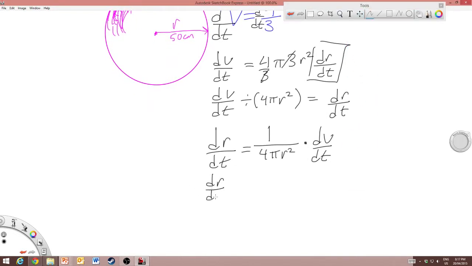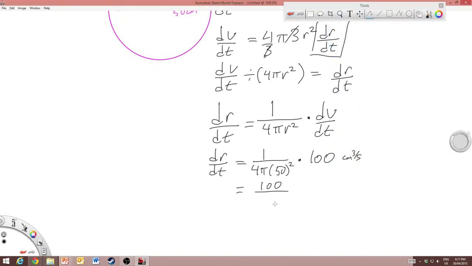Now we can fill in some numbers because we have a lot of numbers already. dr/dt is our unknown quantity. We know our radius because the problem tells us it's 50 centimeters. That's my radius. And we know that the volume is being filled at a rate of 100 cubic centimeters per second. So the radius will then be increasing as follows. Let's see, so 1 times 100, this will be 100, divided by 4 times 50 squared. 50 squared is 2,500, so 4 times that is 10,000. So 100 over 10,000 pi.